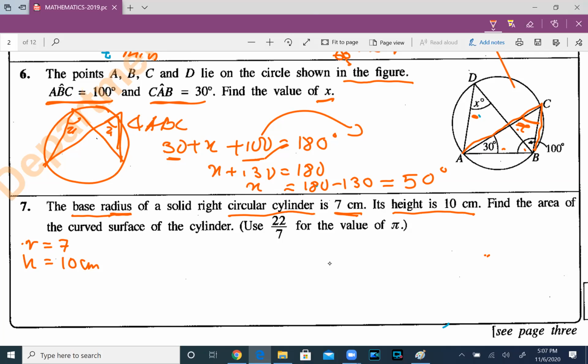For that you should know the formula for the area of curved surface of a cylinder. So the area of curved surface of a cylinder is equal to 2 pi r h.